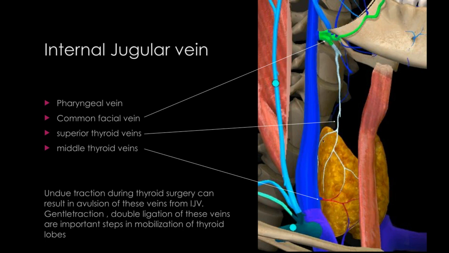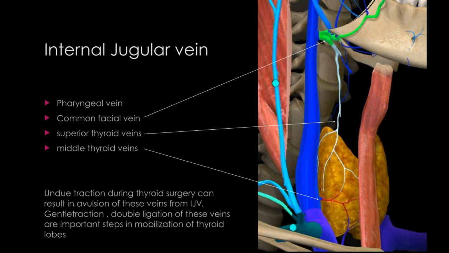Even while doing finger dissection in this plane, which is not very advisable because of the presence of this vein, we should be careful not to injure the middle thyroid vein. If it is injured, not only does the vein get torn, the tear can also extend into the internal jugular vein, causing massive bleeding.